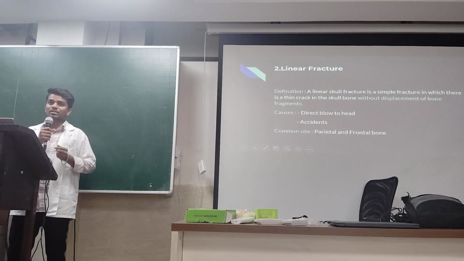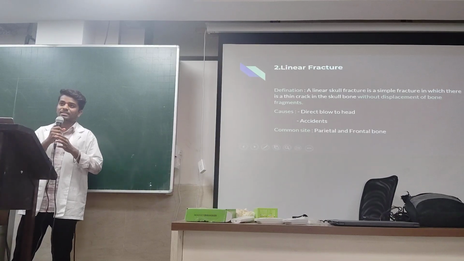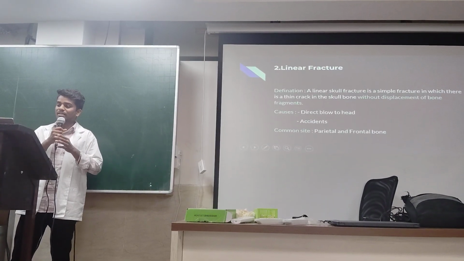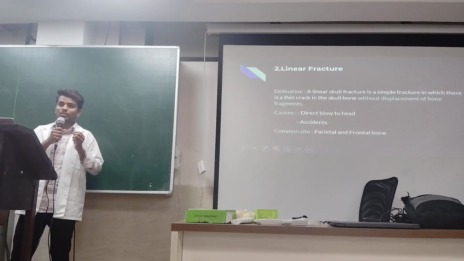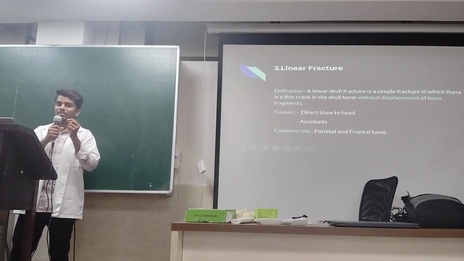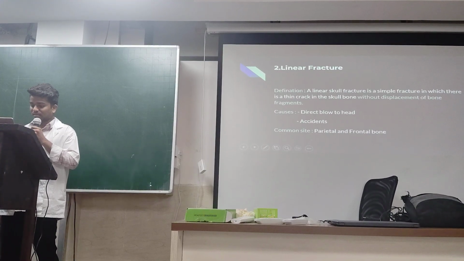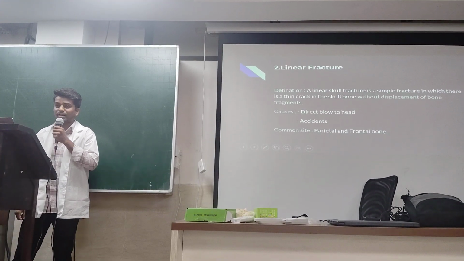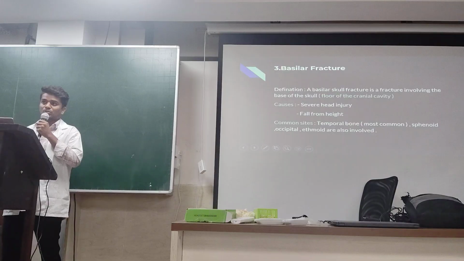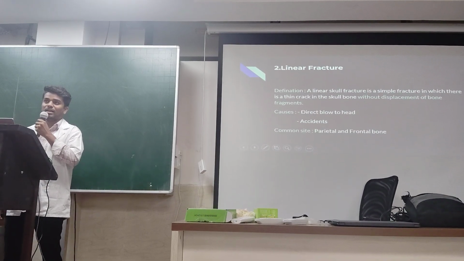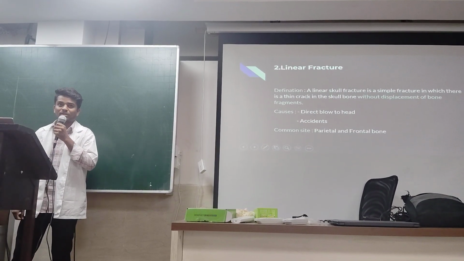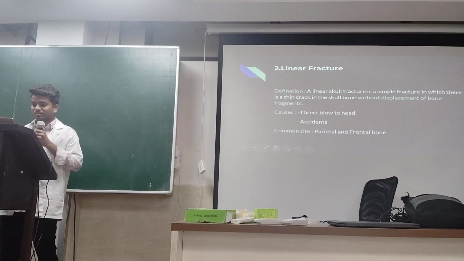To identify it, when you see the X-ray or CT scan of a linear skull fracture, you will find a line. This is how you can identify the linear fracture. Common sites are the parietal bone and the frontal bone. This is the most common type of skull fracture and usually does not require any type of surgery.